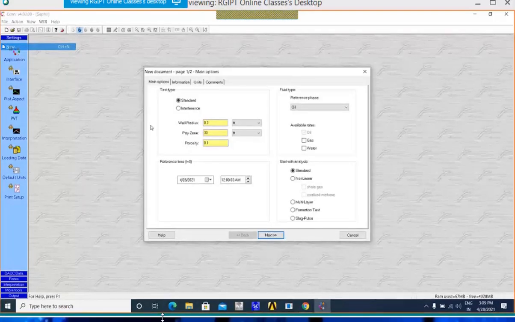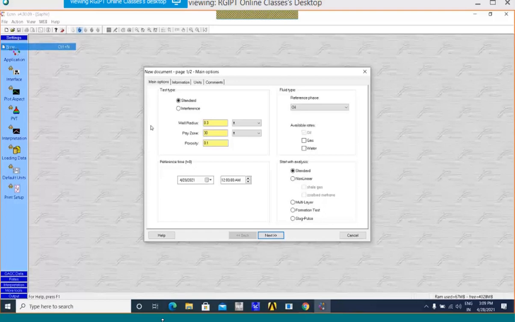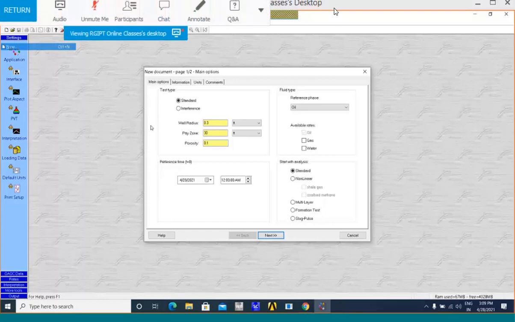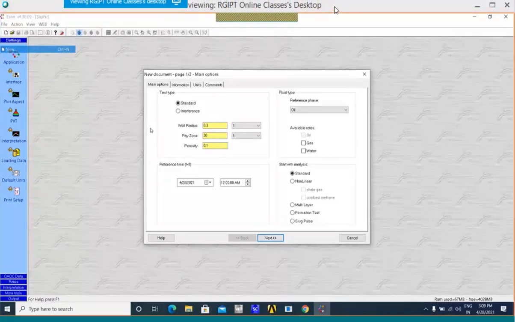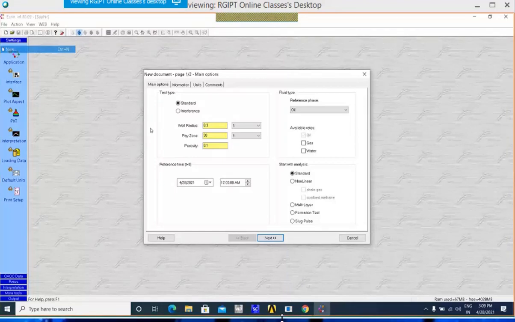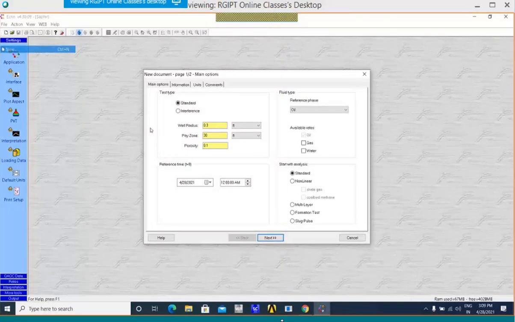New description. The well radius given to us is 0.2291, and here the well radius is 0.3, so I will change it to 0.2291, and the pay zone is actually 500 feet, so I will take 500.